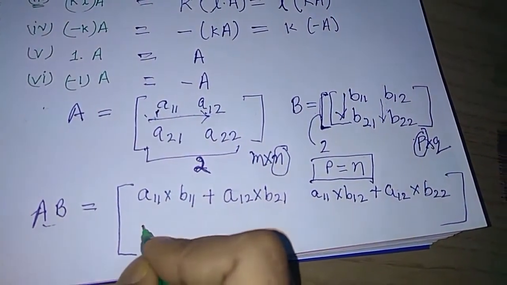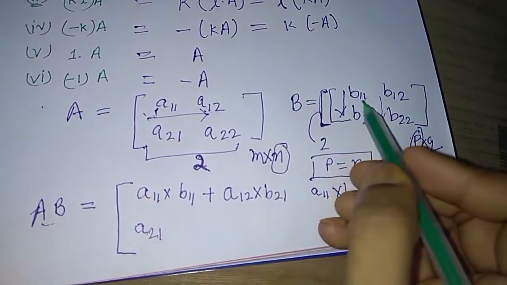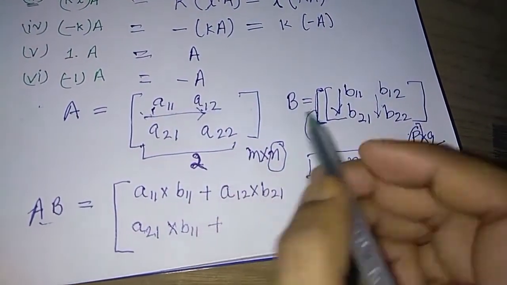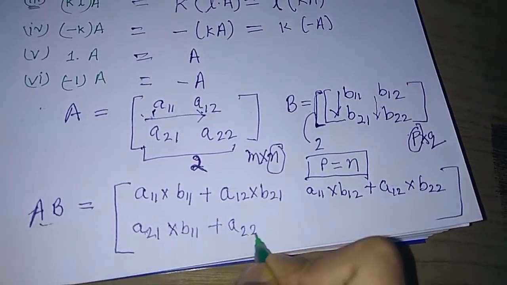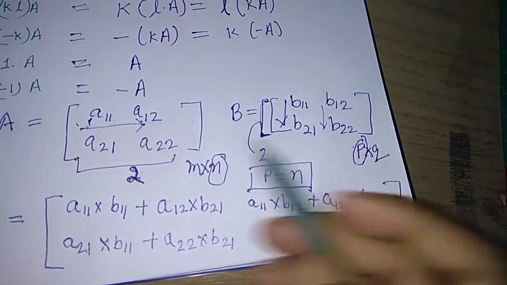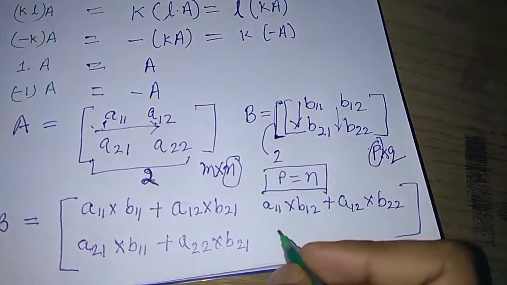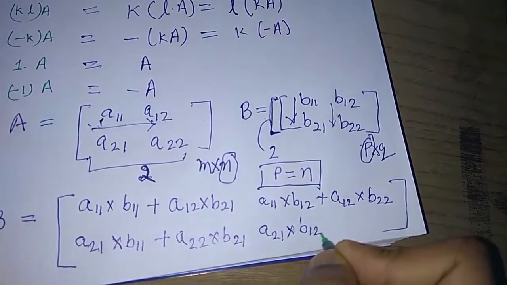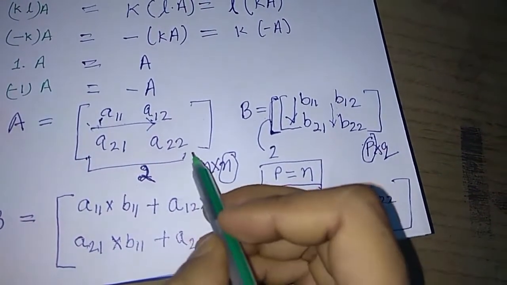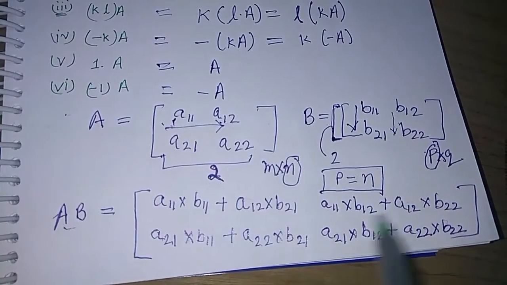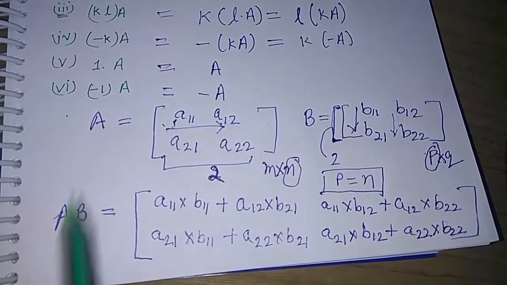For the third element, we multiply A21 into B11 and add A22 into B21. For the fourth and last element, the second row and second column, we multiply A21 into B12 plus A22 into B22. So this gives the result of the A into B multiplication.